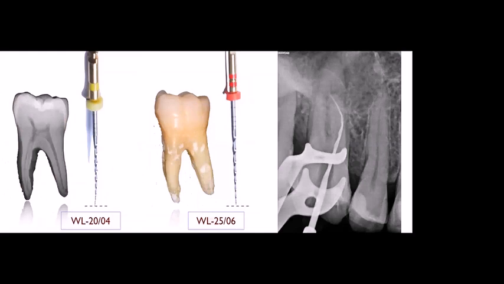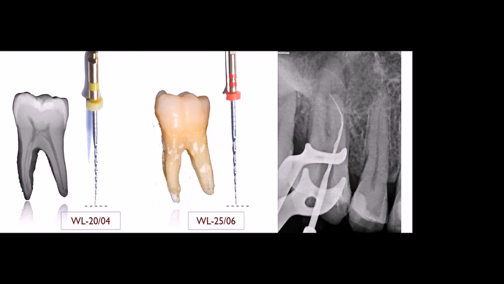After that, we use the 2004 of the CC Premium system to the working length. And after that, we use the 2506. It's not compulsory that this file reaches the apical part. So we recommend using it in the following way.